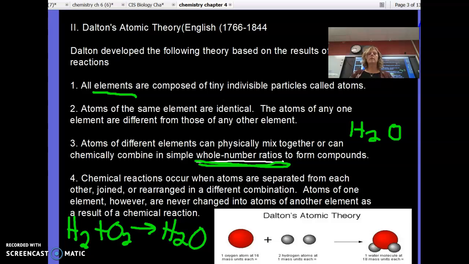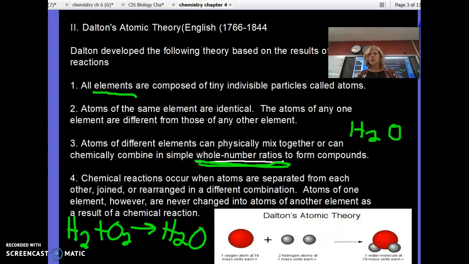So that's a new compound. So they're joined together, rearranged in a different combination. Something has happened where a chemical bond has either been formed or a chemical bond has been broken.